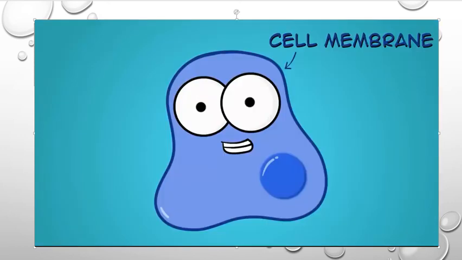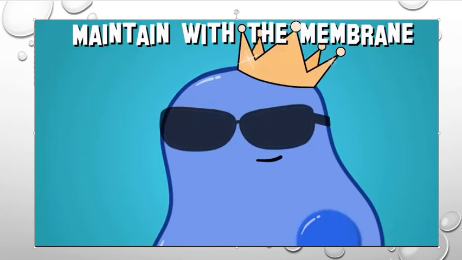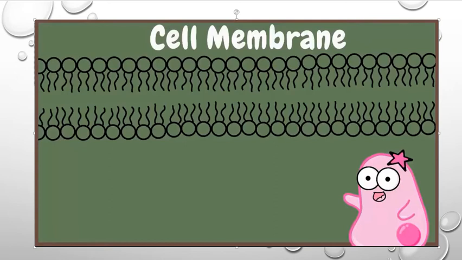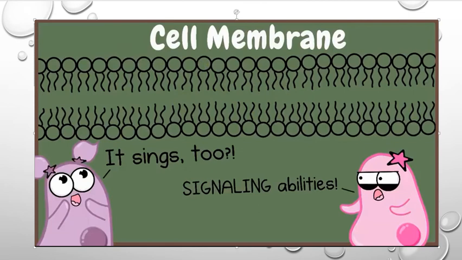A very important structure for this that all cells contain is the cell membrane. By controlling what goes in and out, the cell membrane helps regulate homeostasis. It's the homeostasis king. Let's take a look at the cell membrane. You could have a whole course on the cell membrane itself. It has amazing structure. It has signaling abilities.